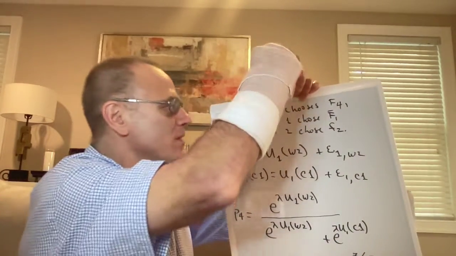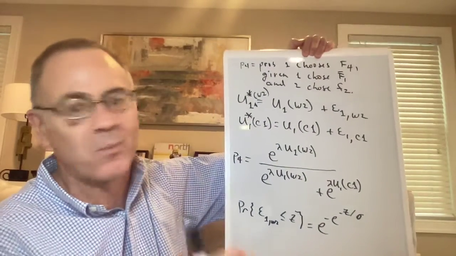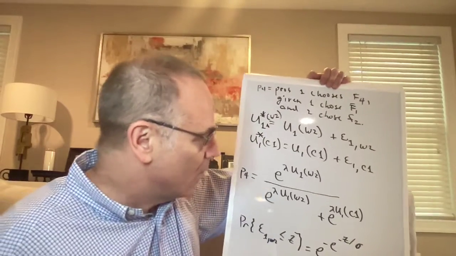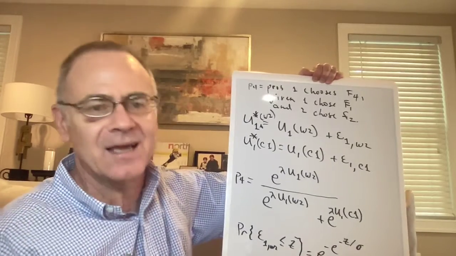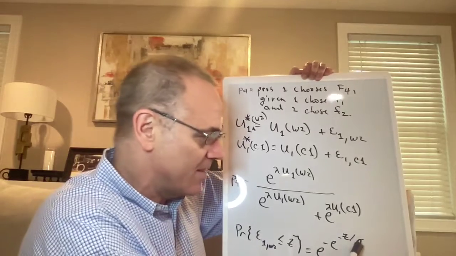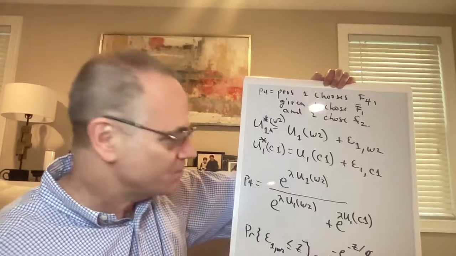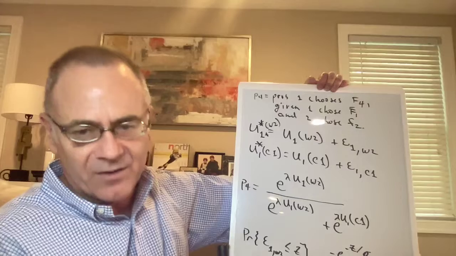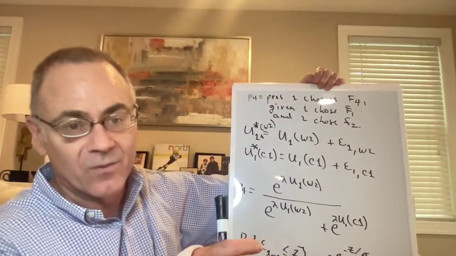Sigma is not exactly the standard deviation, but it's proportional to the standard deviation. So when we assume that these things are standard Weibull, we're making an empirical assumption that has some empirical bite. We're assuming that sigma equals 1.